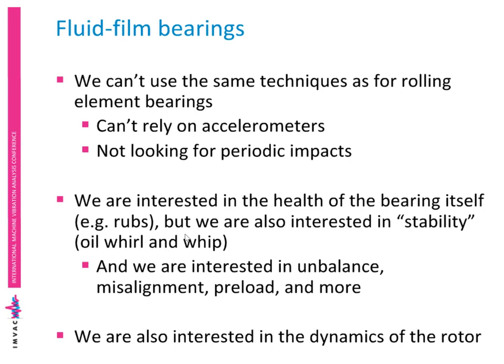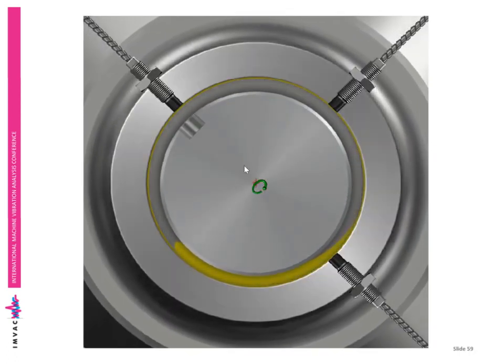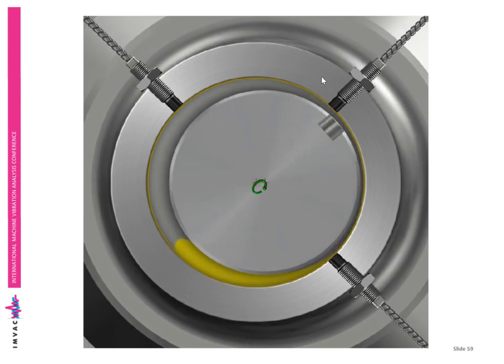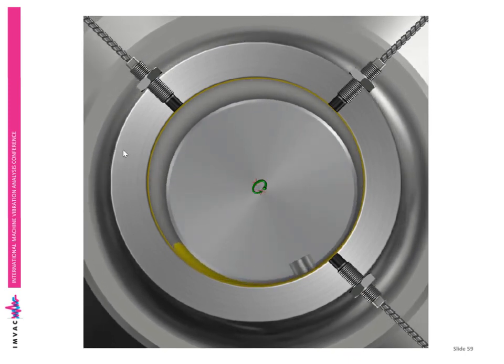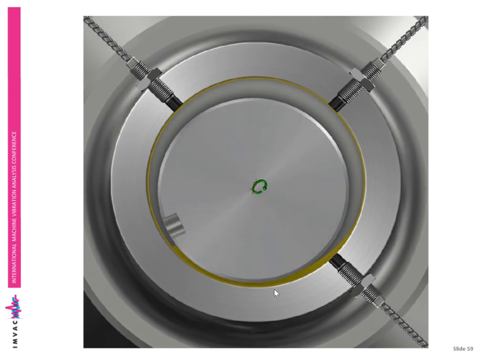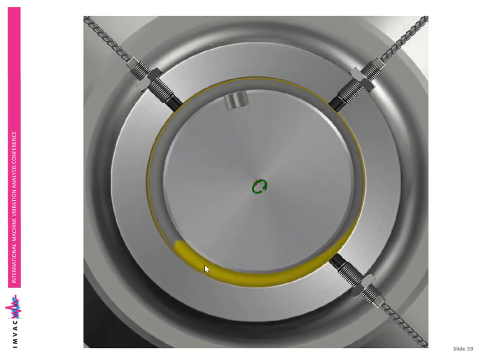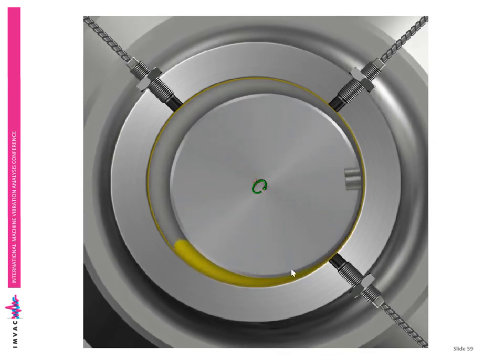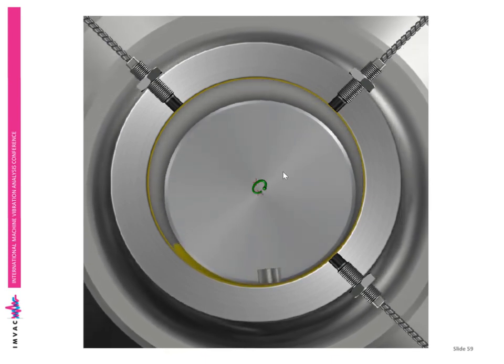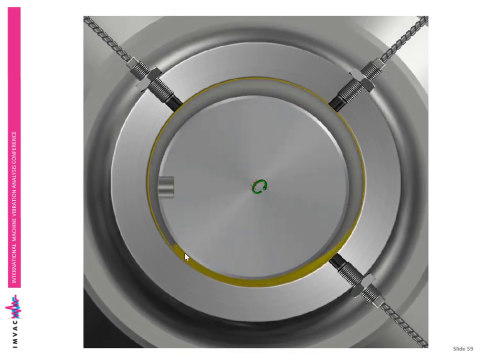So, a few things. We can't use the same techniques that we've just used for rolling element bearings for 2 reasons. Number one, we can't rely on using accelerometers on those sorts of bearings. The thing is that, and you'll see an animation in just a minute, inside the journal bearing, so here's the bearing and there's the journal, it's a fluid film bearing because there's a film of fluid, the oil, that separates the journal, or let's just call it the shaft, and the bearing.